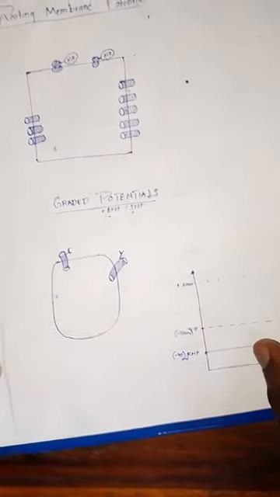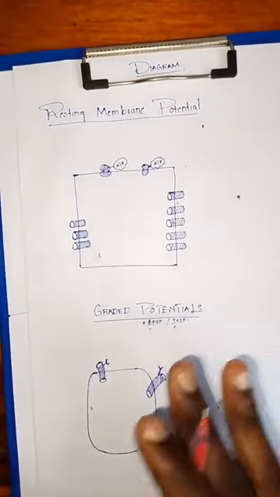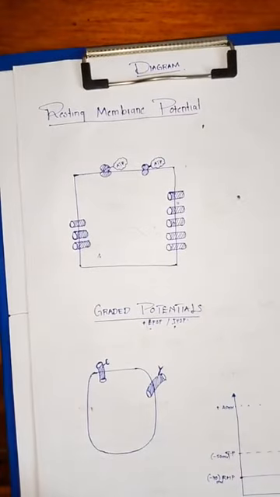I'm going to use this diagram to show you how the resting membrane potential of a particular cell is maintained. It is known as a resting membrane potential because it is the membrane potential that the cell has when it is at its resting state. It is not excited, and it is not hyperpolarized.